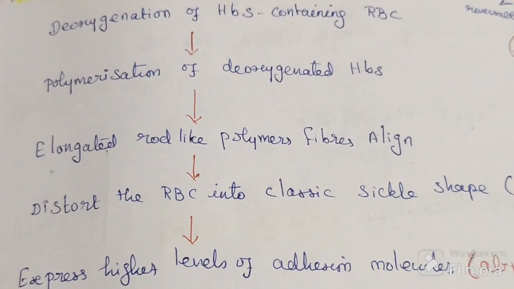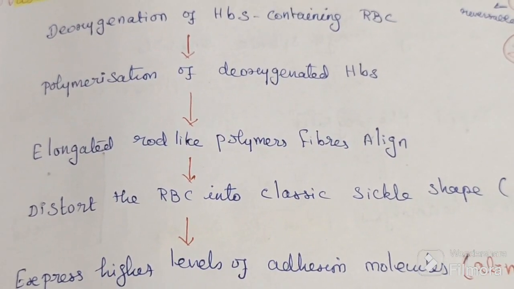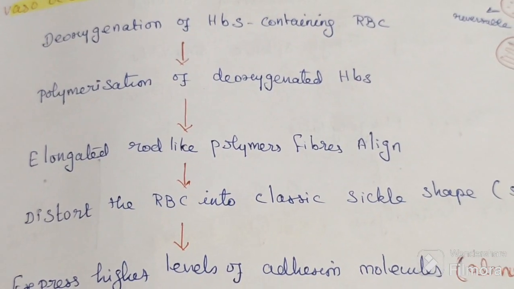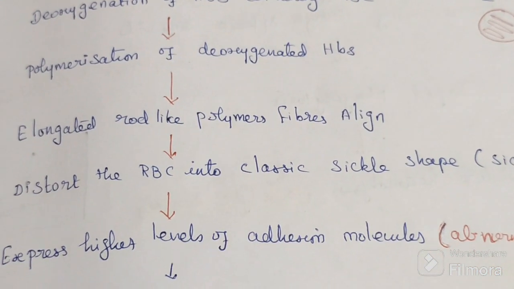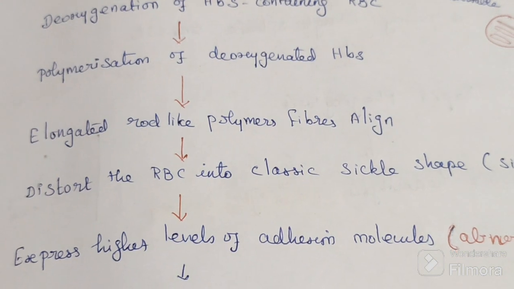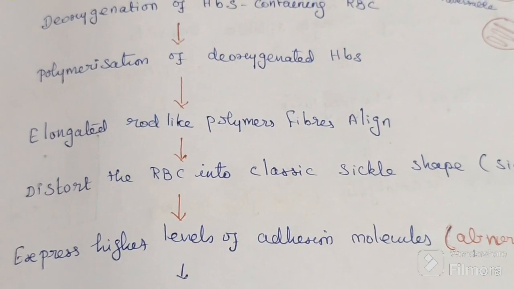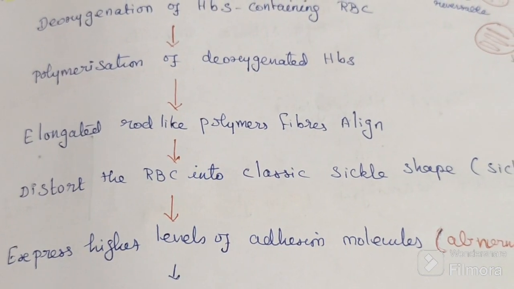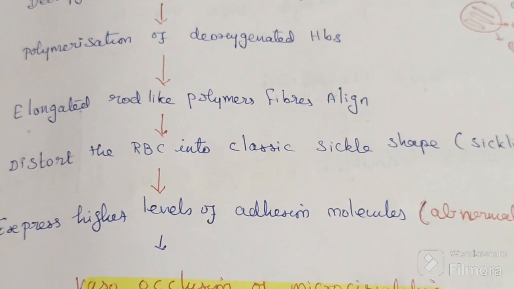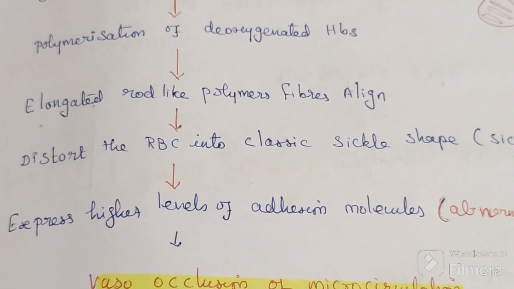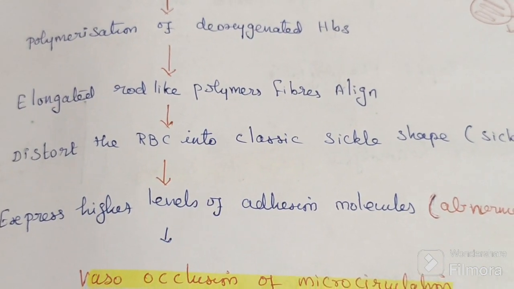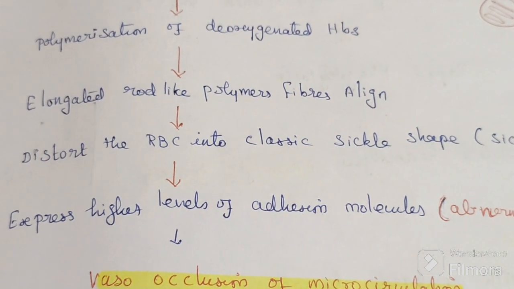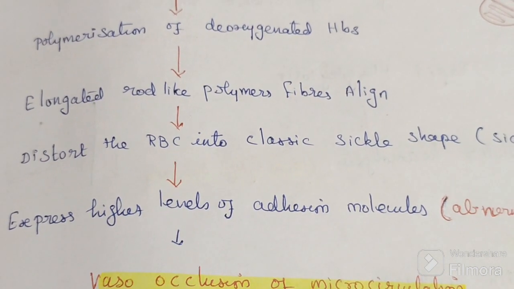Throughout the day, oxygenated and deoxygenated states take place. So the shape of the RBC changes from circular biconcave to sickle and vice versa, again and again, repeatedly. But after this happens multiple times, the cell membrane gets damaged and that RBC becomes sickle shaped permanently.